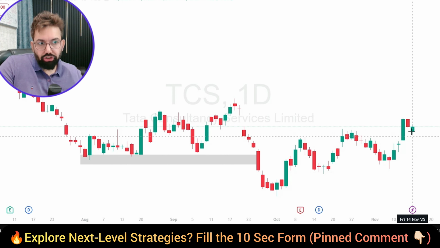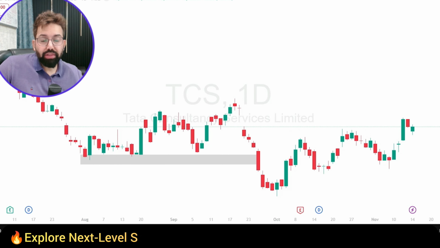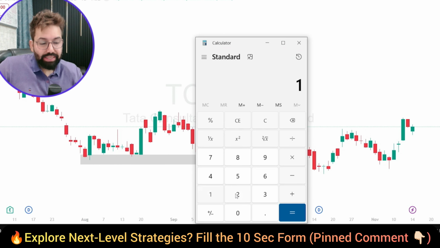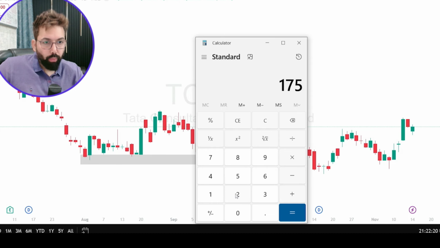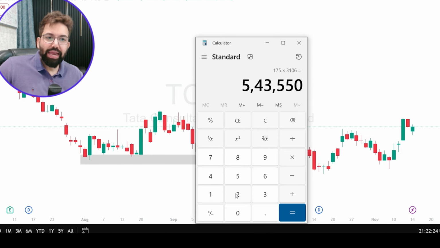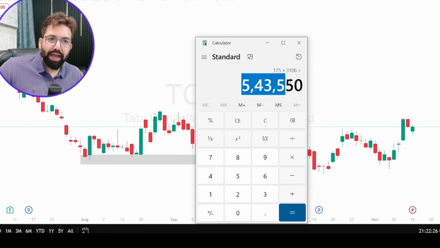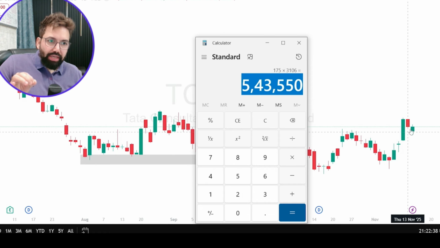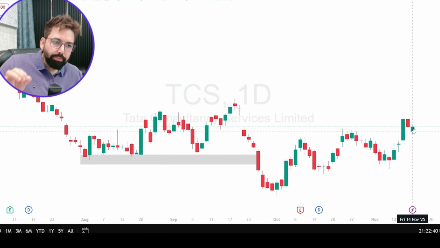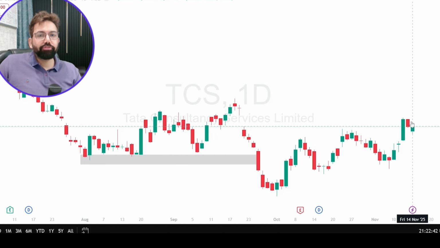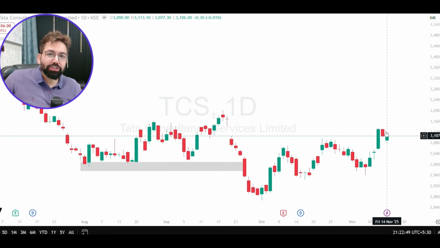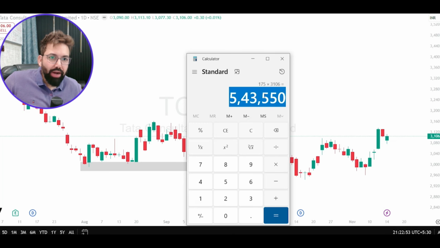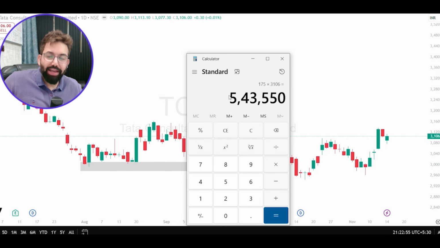But if somebody tries to long TCS with the same quantity in the cash market, then 175 multiplied by 3106, which is the current price, comes out to be 5,43,550. That means we can long or short the same quantity in the futures market at approximately 98,000. We don't have to make an upfront payment of 5,43,000.